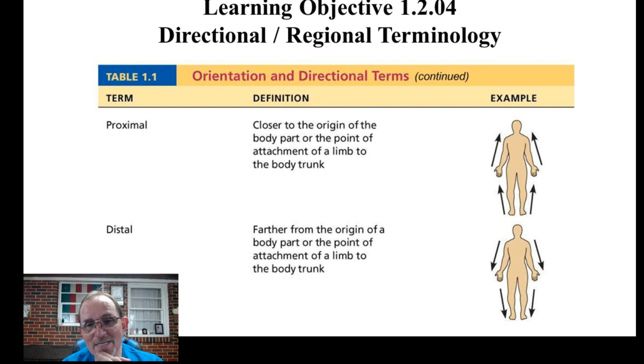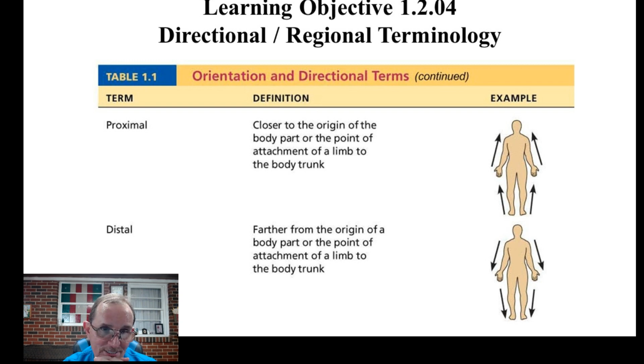What we say is something is either closer to the torso or further away. So again, if I were doing a scar right here on the wrist, I would say that scar is maybe 5 centimeters proximal to the wrist. And if you write that in a chart, everybody's going to know exactly where it's at. That's what this is for.